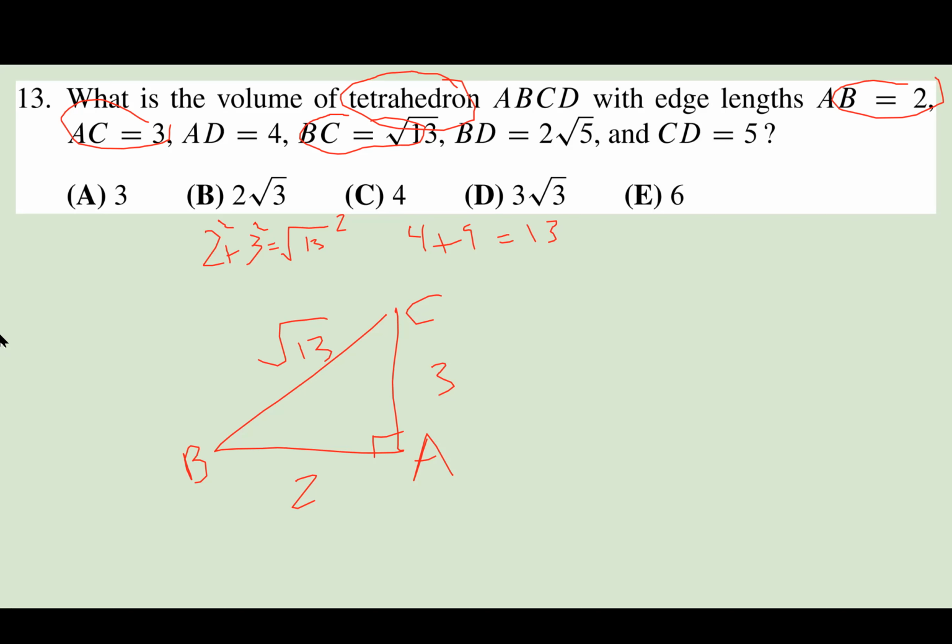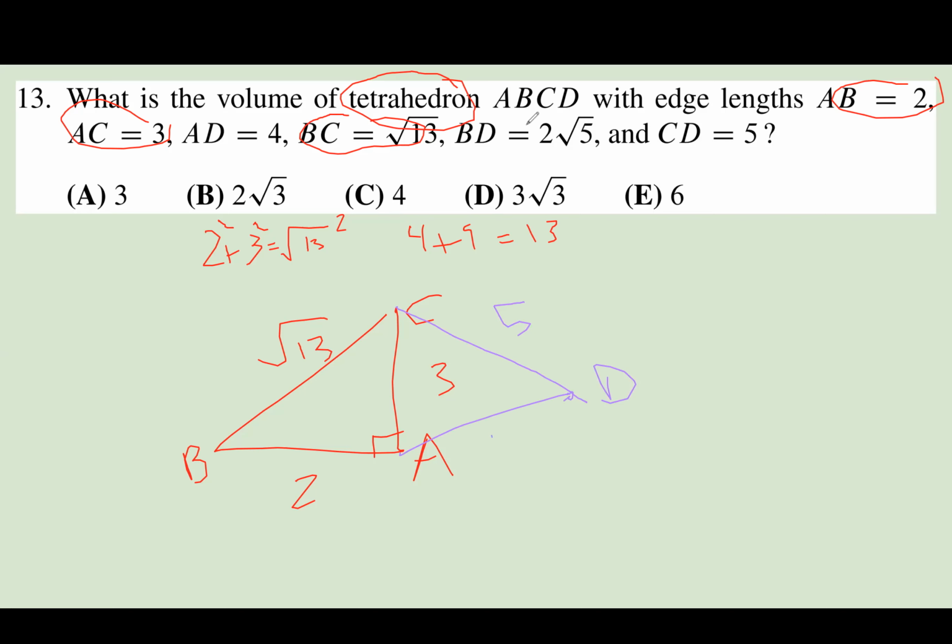So that means it's going to be really hard to draw, and you're going to have to bear with me here. But CD is 5, so I could extend this up and extend this up. And then this distance, this is D, this is 5.